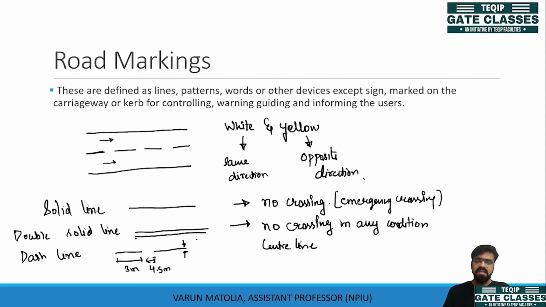The thickness of all these lines is 100 mm or 10 centimeter. Whenever there is a dash line, it means you can cross this line with caution. The crossing is allowed.